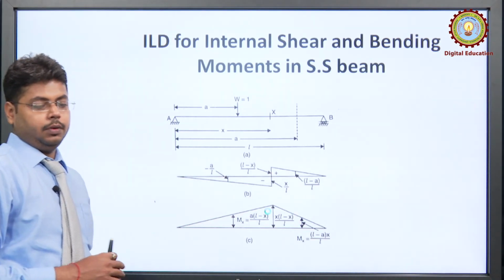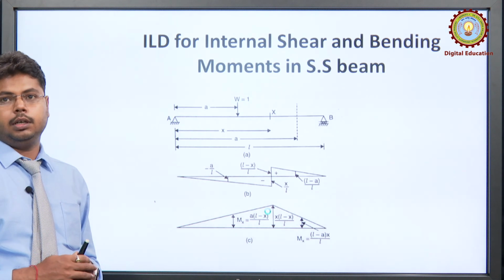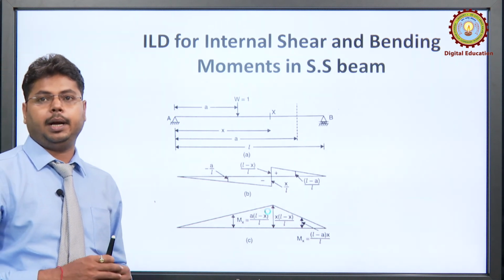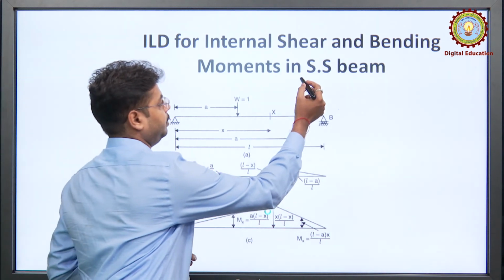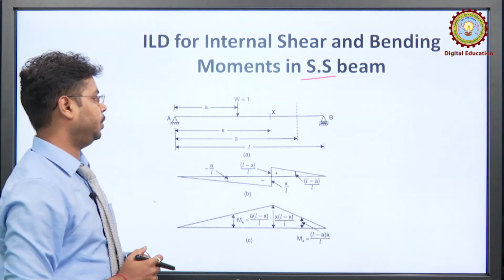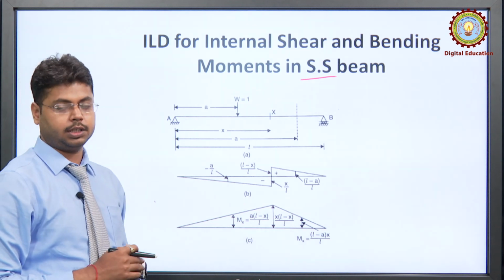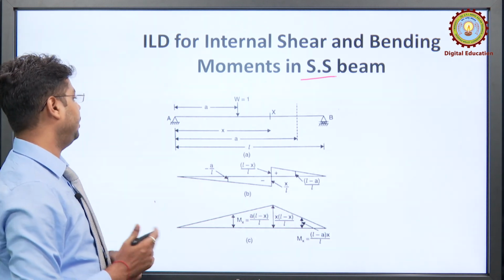Next we are going to draw the ILD for internal shear and bending moment in an SS beam. SS beam means a simply supported beam. How can we draw the influence line diagram? We will discuss here.